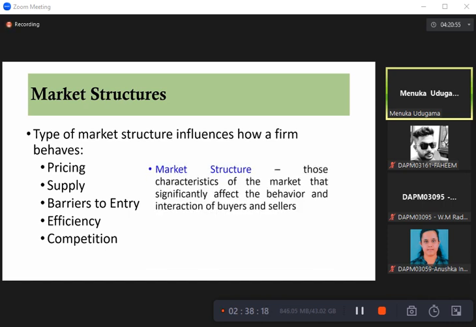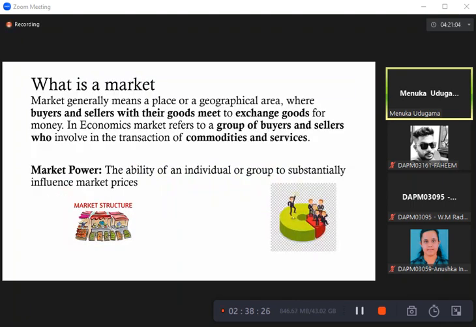Market structure refers to those characteristics of the market that significantly affect the behavior and interaction of buyers and sellers. Right? So what then is a market? A market generally means a place or a geographical area. It could be a physical place or a virtual place where buyers and sellers with their goods meet to exchange goods for services or goods for money.